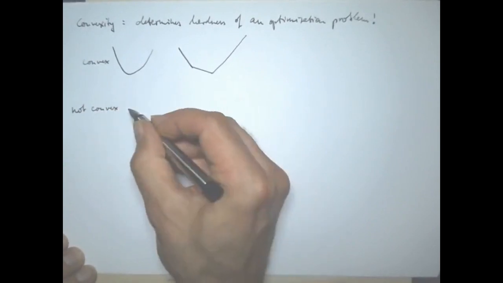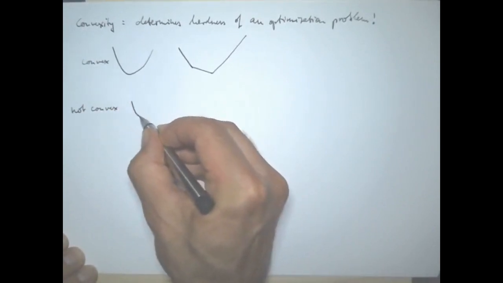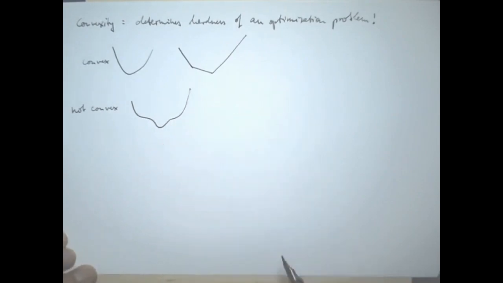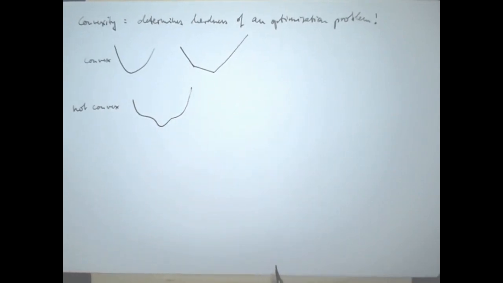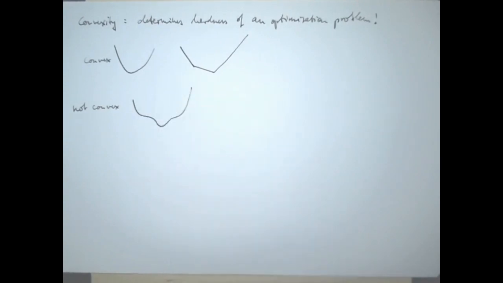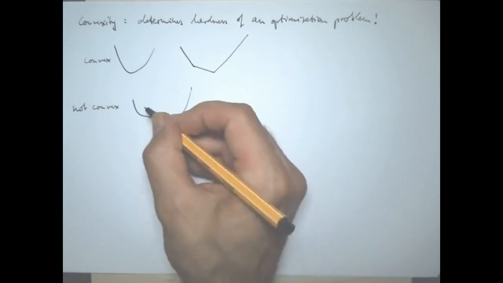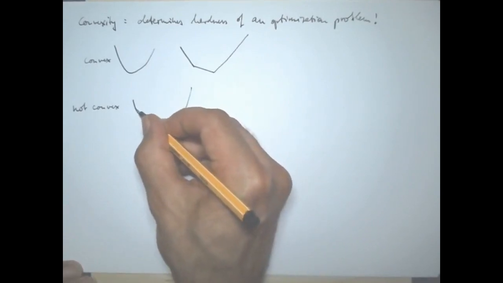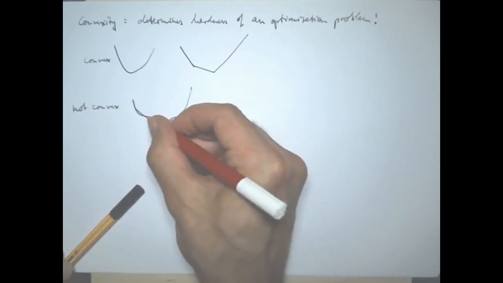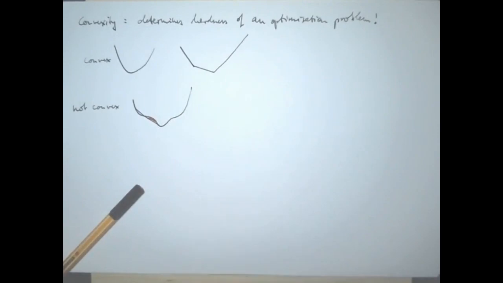And let me here show you an example. This function still has a unique minimum, but it's no longer convex, because if I connect one part of this curve with another part, there are some regions where I'm cutting the curve itself. So here, you see I have intersected my original curve.